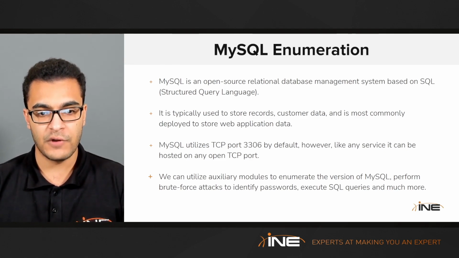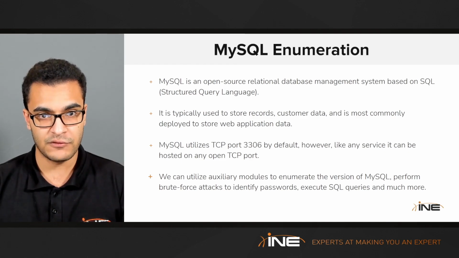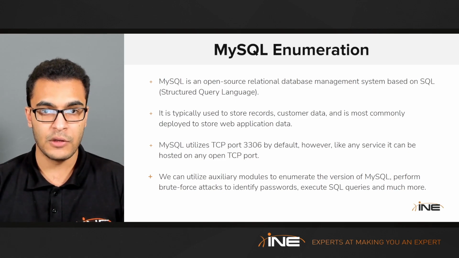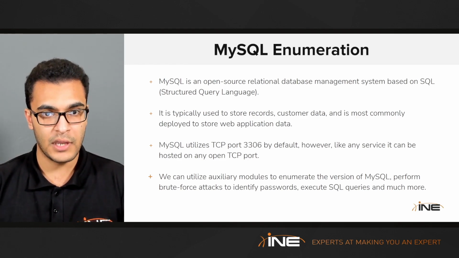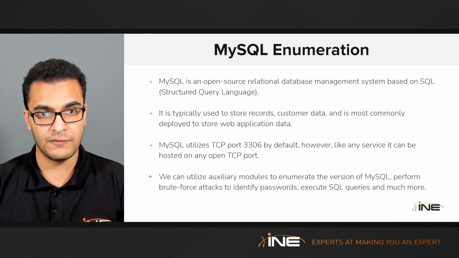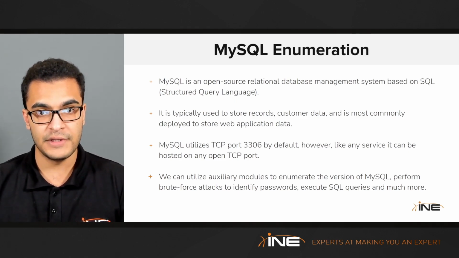Now, we can utilize various auxiliary modules to enumerate information like the version of MySQL that's running, and that information can be pertinent to exploitation. We can also utilize auxiliary modules to perform brute force attacks on the MySQL database server, to identify usernames and passwords and legitimate credentials that we can authenticate with, which will consequently give us access to the database server.